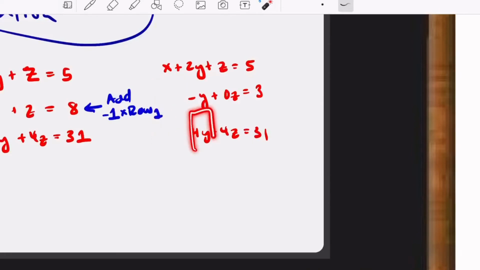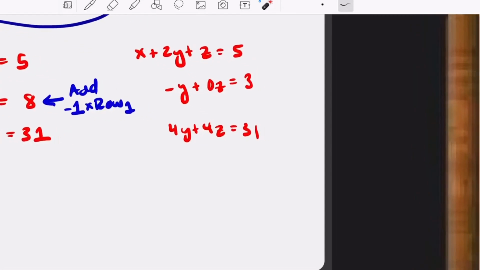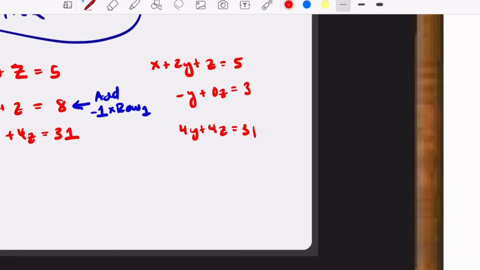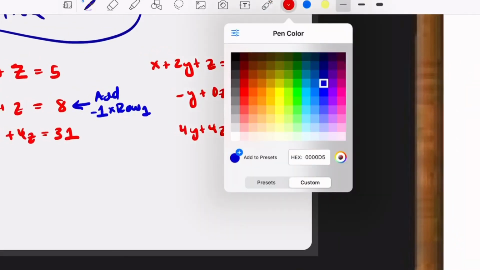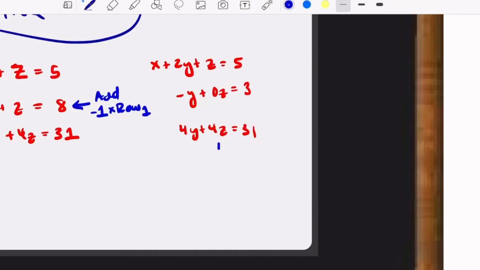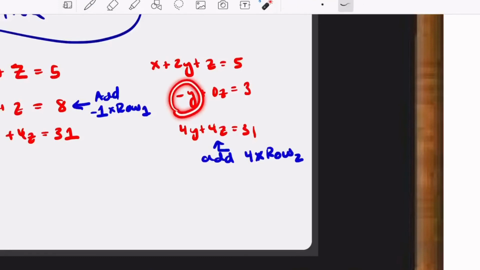Now I want this one to be 0. So one way to get that to be 0 would be to add to this one. To this one, I'm going to add 4 times row 2. Sometimes I'll just write R2. 4 times row 2. So think about it. I'm going to do 4 times this. That times 4 was giving me -4y.